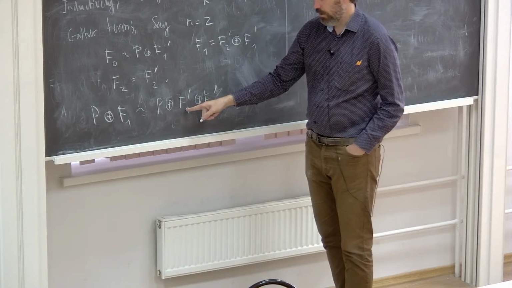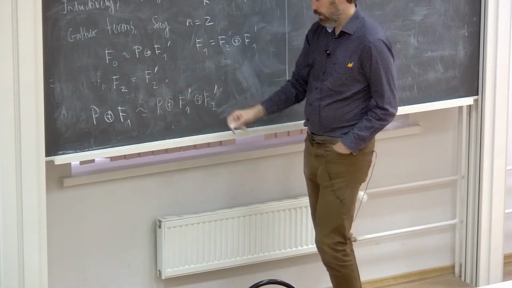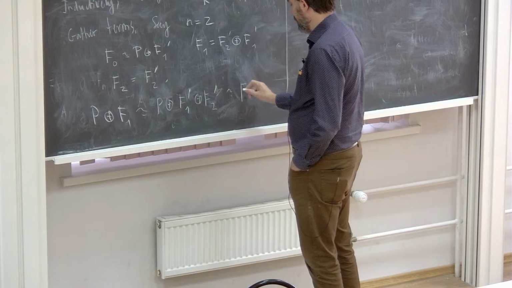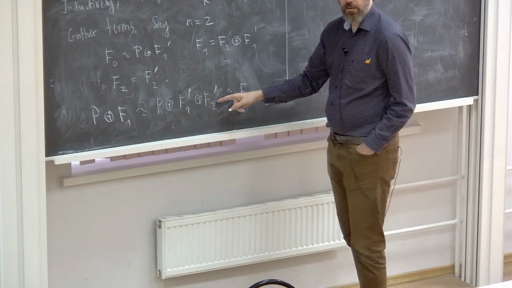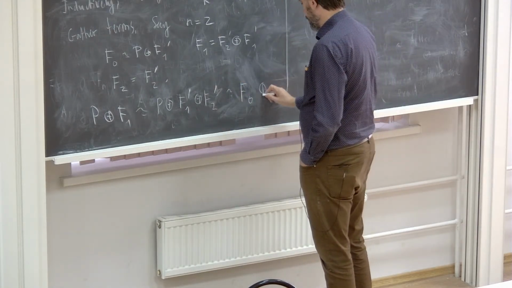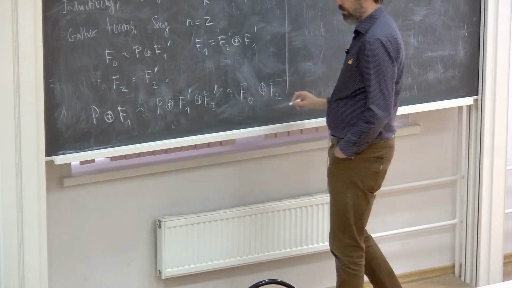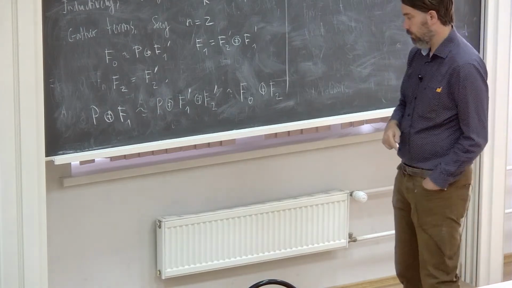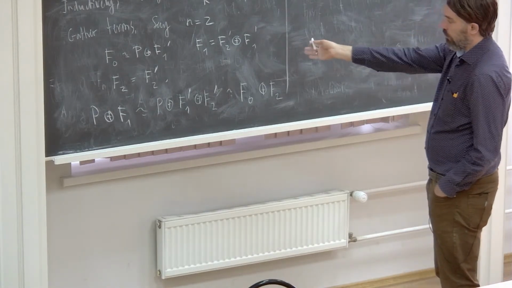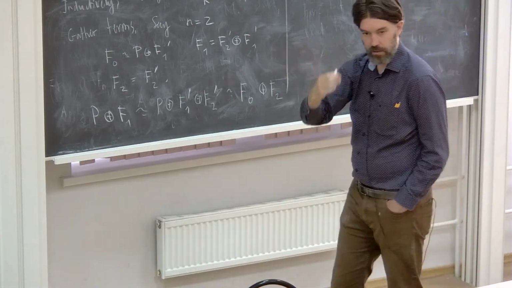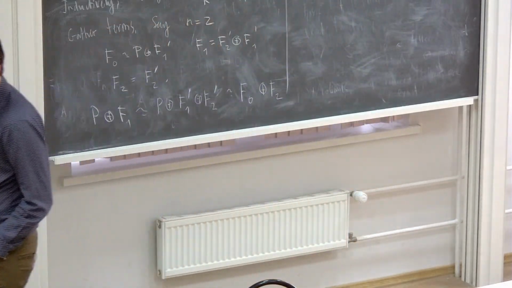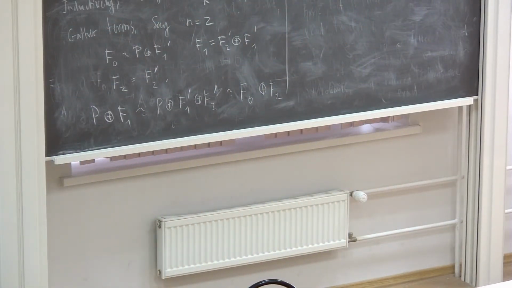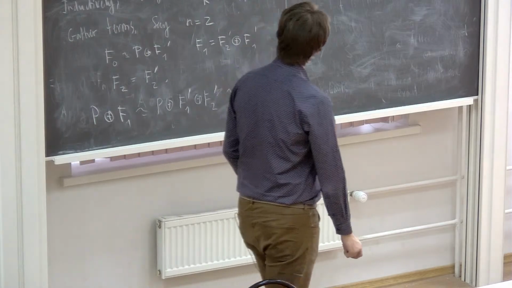P plus f1 prime is f0, and f2 prime is f2. So that's the sum here of the even terms, and on the left it's p plus the odd terms. Okay, and I just did a short example, but you can see that this will work inductively. Okay, so that was this observation of Serre.